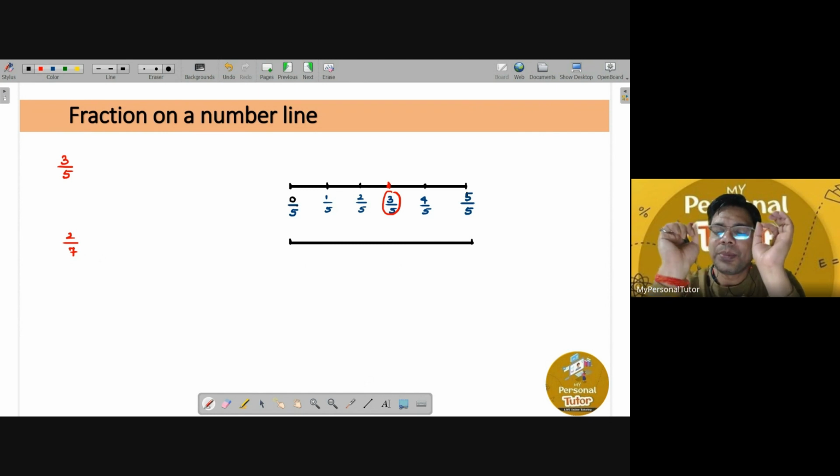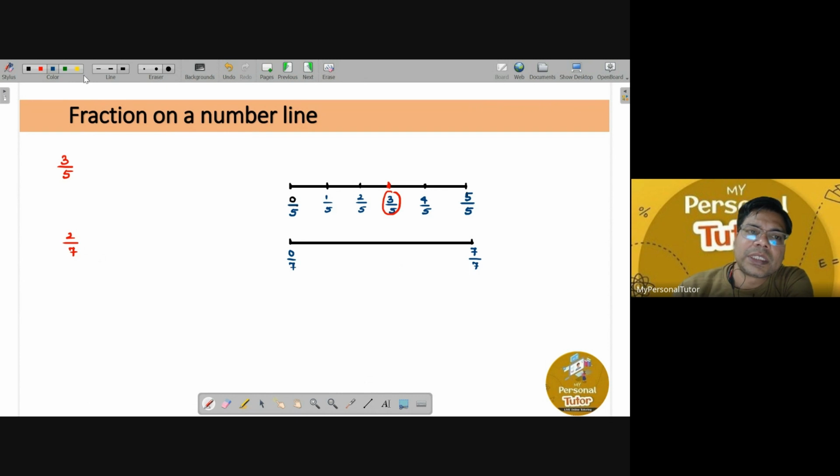Okay, I repeat once again, whenever you have a proper fraction, if you have to represent on the number line, look at the denominator part. Whatever the denominator is there, that many parts we have to divide into. Okay, so here it is 0 and this is 1, but 1 I will write in a different way, that is 7/7, and this is 0/7, right?